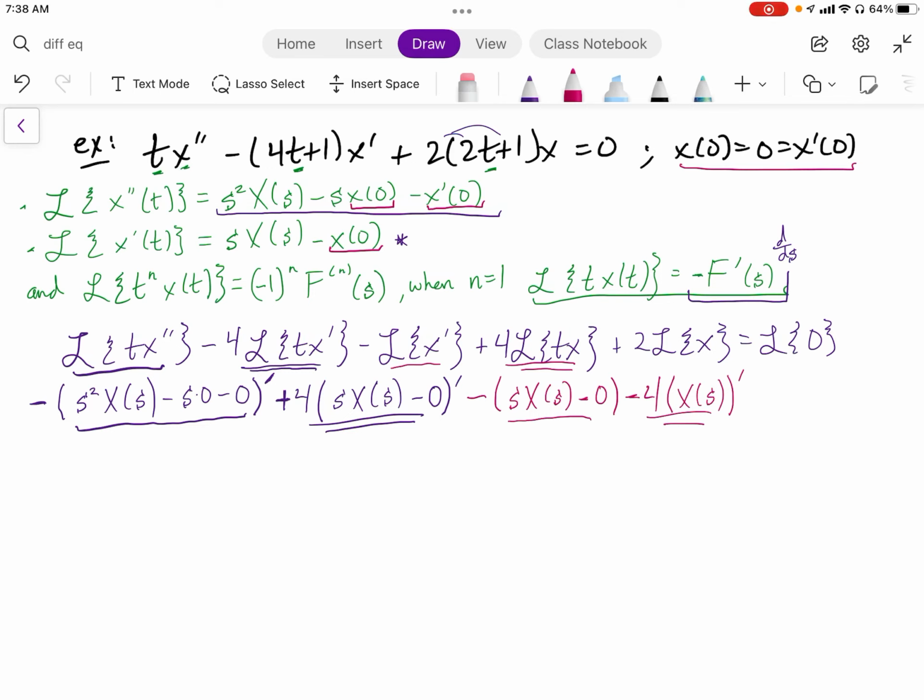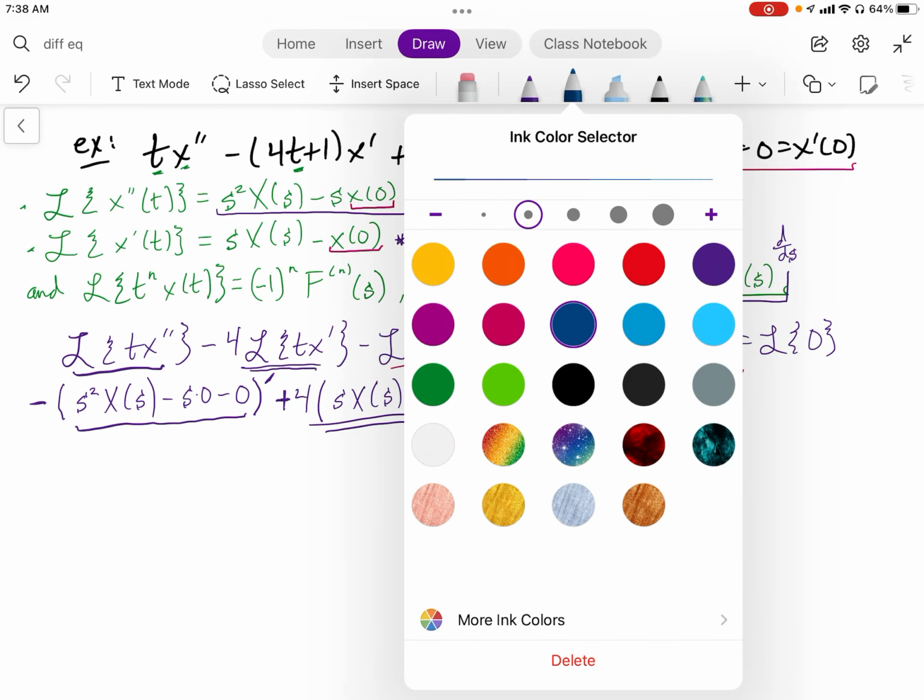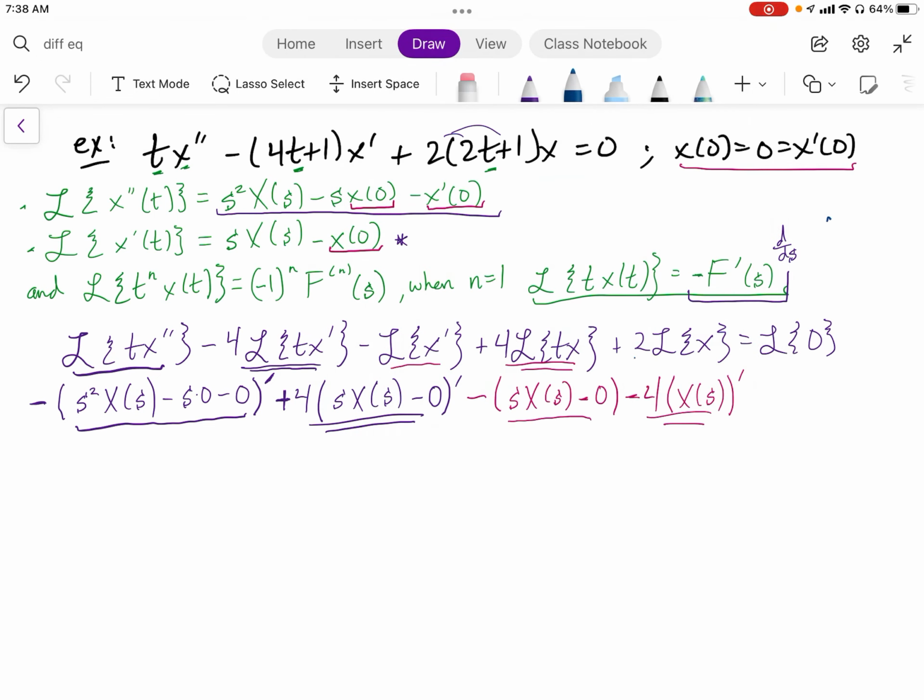So we do the Laplace of the function x, which is just x of s, but the t created a negative, and we need x prime. Okay. Oh, one more color in here, I suppose. Okay, we have 2 Laplace of x. So plus 2 x of s. And all of that equals 0.